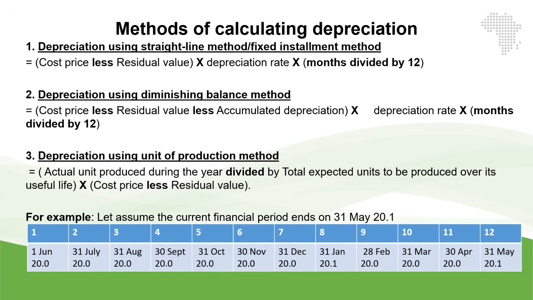So for me, I always say, to get it right, have a timeline. Make sure it's 12 months and determine exactly when the asset was purchased and how long the asset has been with us, so that you calculate that particular depreciation, because not all assets will always be purchased at the beginning of the year. Some will be purchased during the year. You need to be able to prorata that depreciation expense.